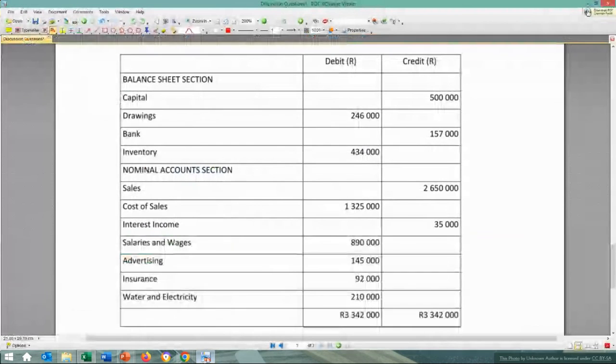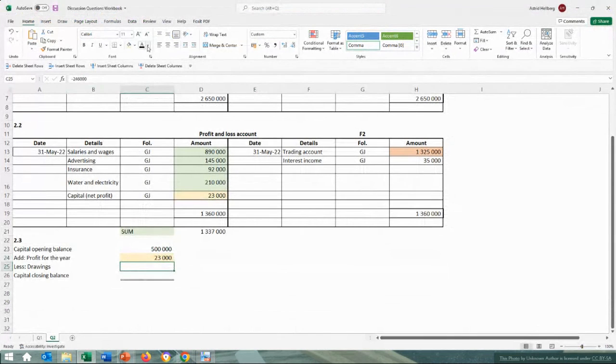And then less drawings: if we look at the trial balance, our drawings are 246,000, so we deduct that. And then you sum all of that together and your new total is 277,000. And that is how you calculate your capital balance.